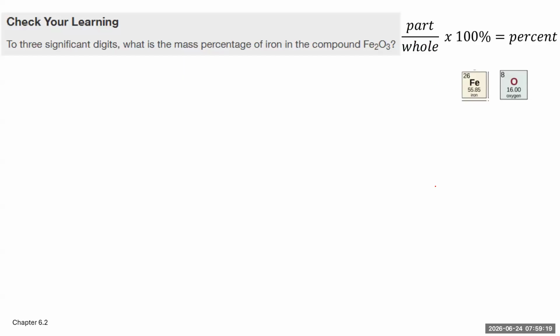All right. What is the mass percentage of iron in the compound iron oxide? And they actually tell us they want 3 significant digits, so it's kind of low effort on our part. We just do what they're asking. So let's try it. Let's figure that out. What are we looking for? Well, it's iron.